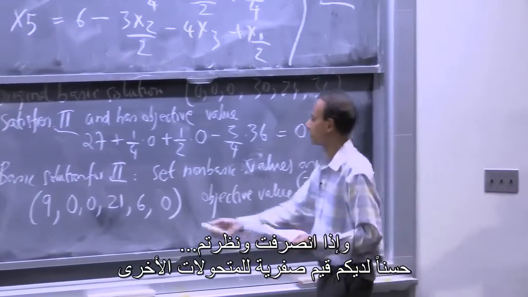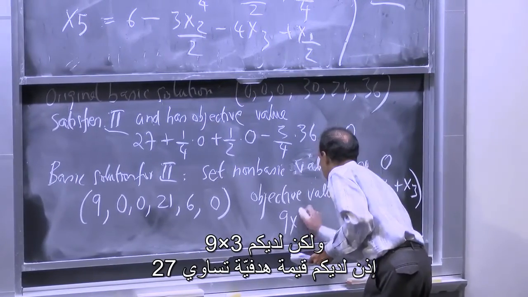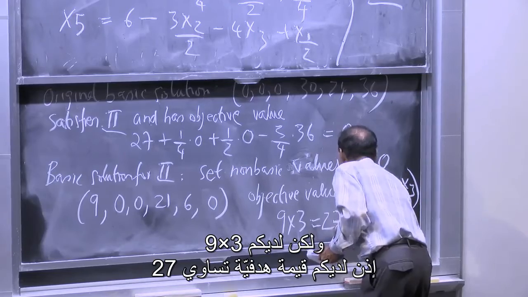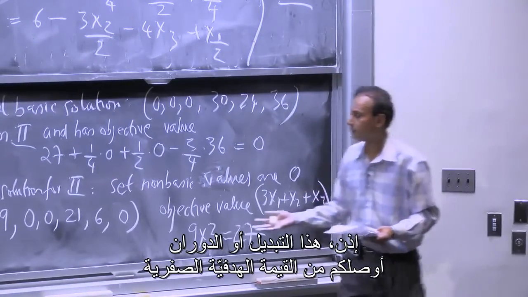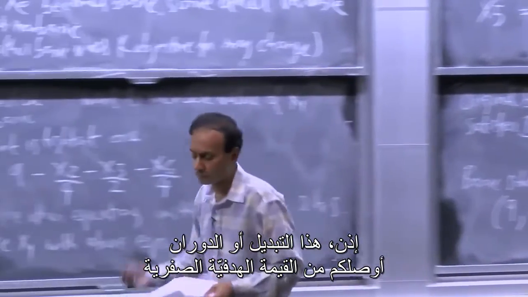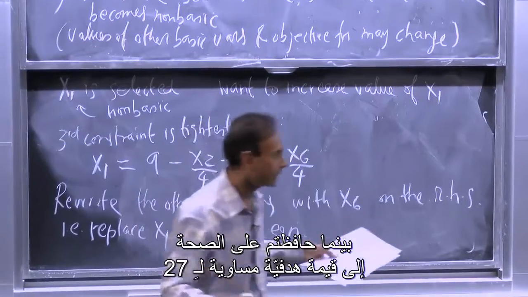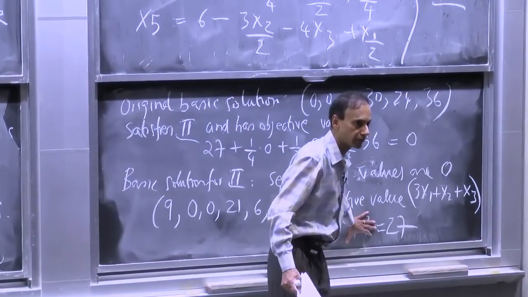And so if you go off and you see, well, there you got zeros for the other ones, but you have 3 times 9, so you have an objective value of 27, right? So this flip of our pivot basically got you from an objective value of 0 while maintaining correctness to an objective value of 27, okay?